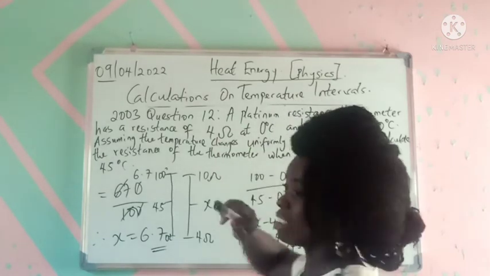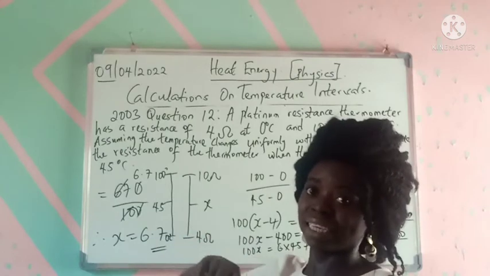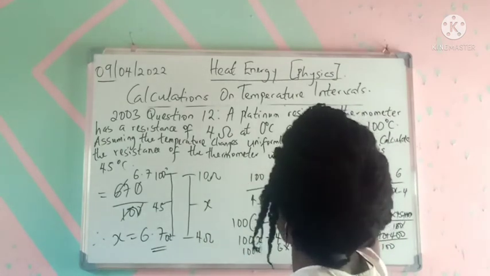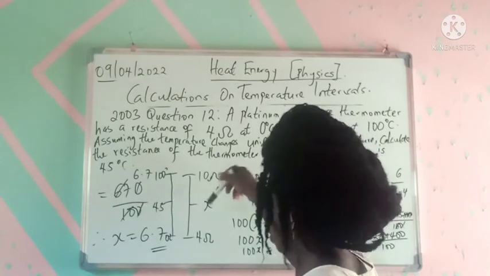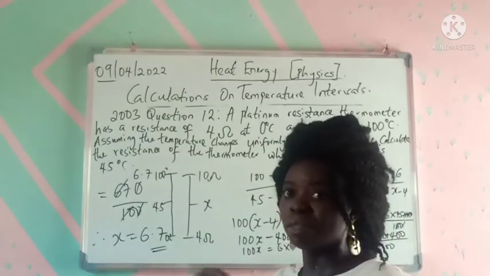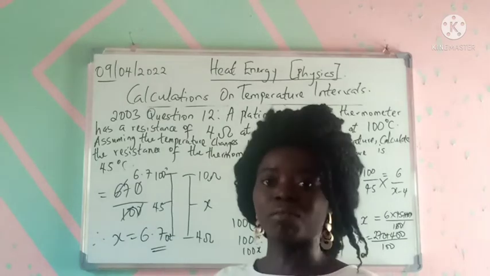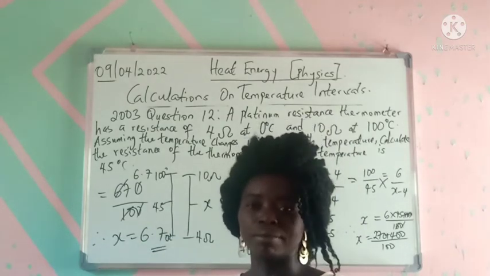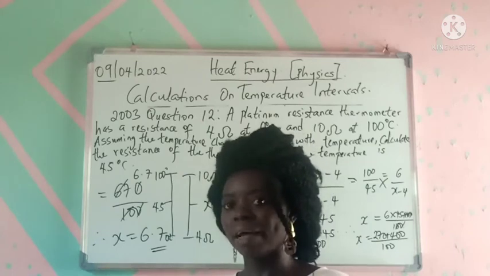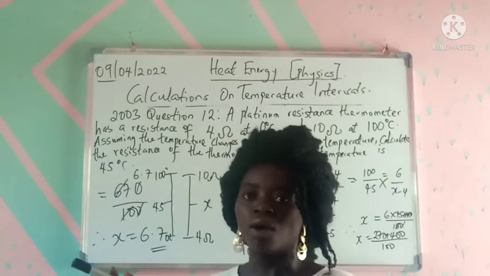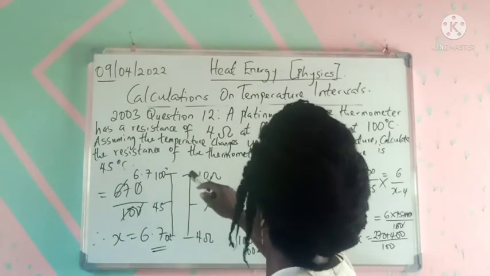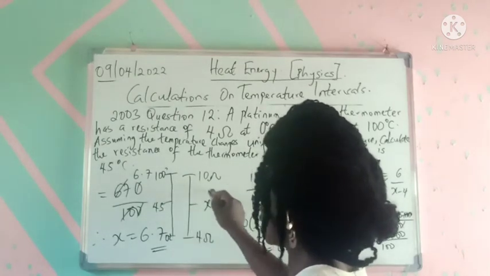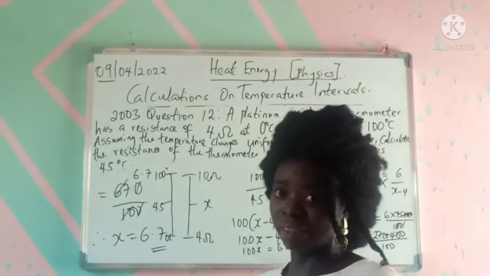And I'm not also expecting my value to be greater than 10, because the question already stated that the upper fixed point of this temperature scale is 10. So I shouldn't be expecting an answer that will be greater than the upper fixed point I've already been given, because my upper fixed point of 10 degree corresponded to the upper fixed point of 100 degree. So 45 degree should not give me anything greater than 10.